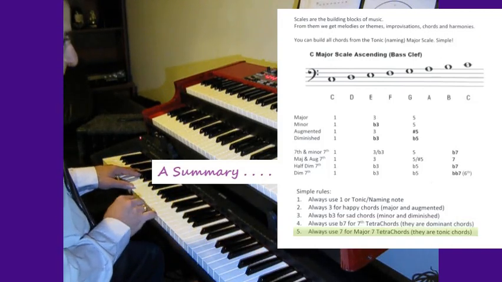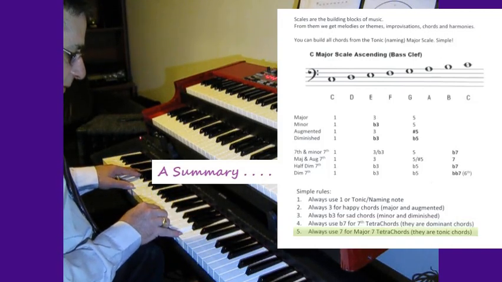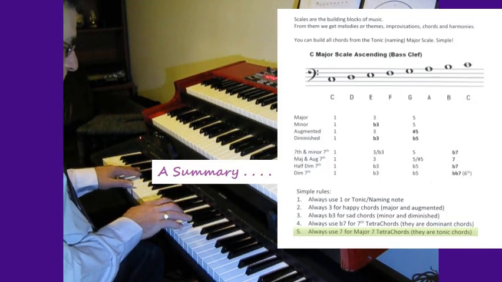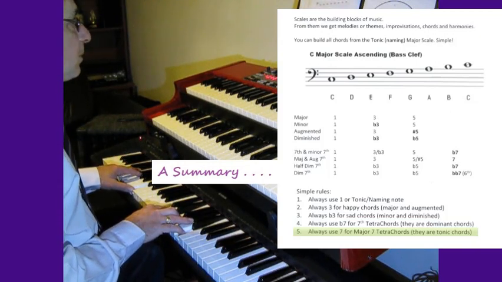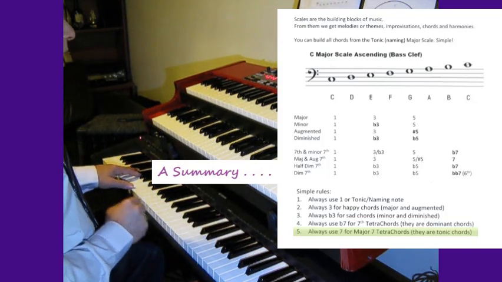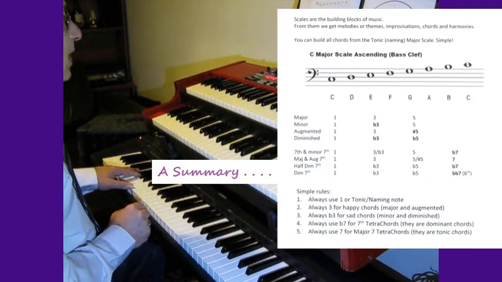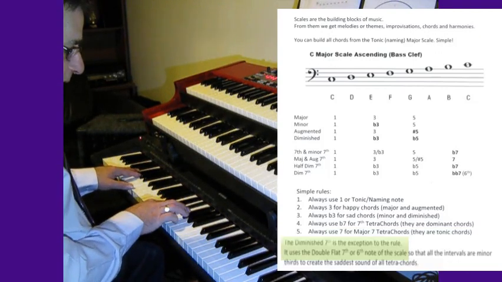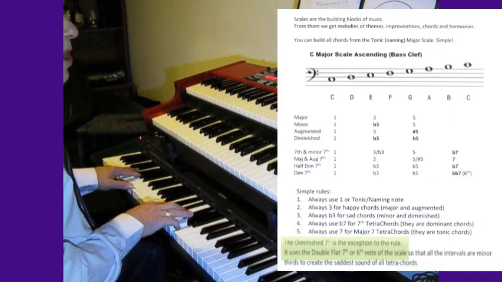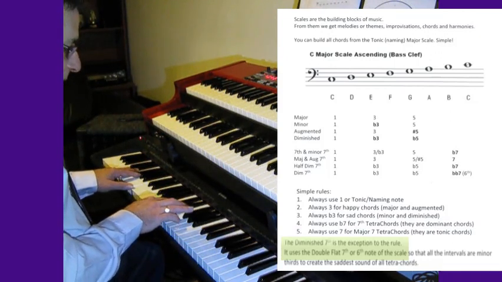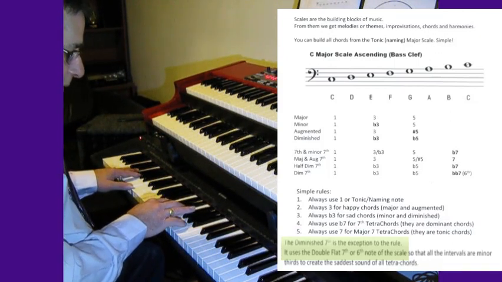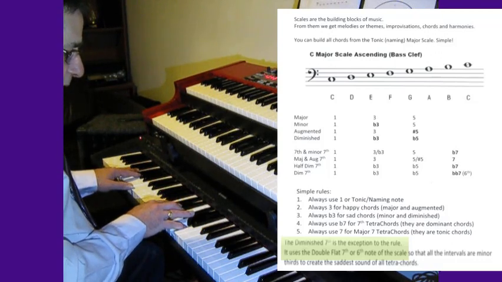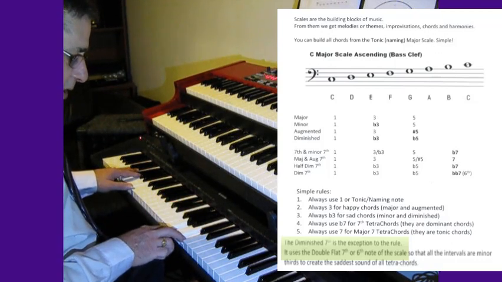But if it says it's a major seventh, we use the seventh note of the scale. The only exception to the rule is the diminished seventh, which is 1, flat 3, 5, and then 6 or double flat 7. So that it has minor thirds all the way through, and there's even a minor third to go up to the top.